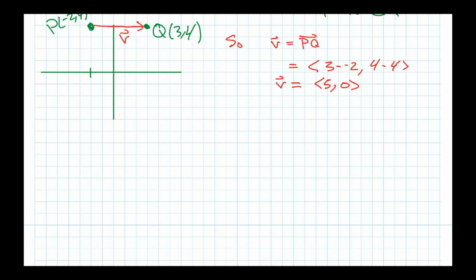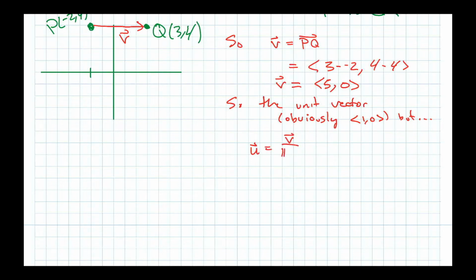So the unit vector, which is obviously 1, 0, can be calculated as the unit vector is v over the magnitude of v, which is going to be 5 comma 0 over the square root of 5 squared plus 0 squared, which is 5, 0 over 5, which is 1, 0.